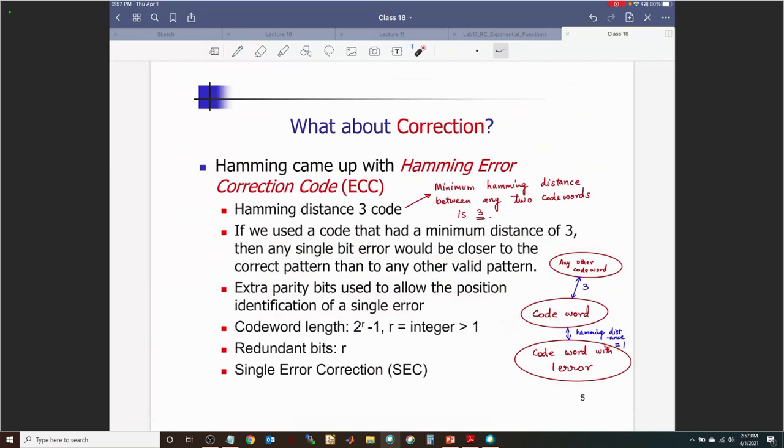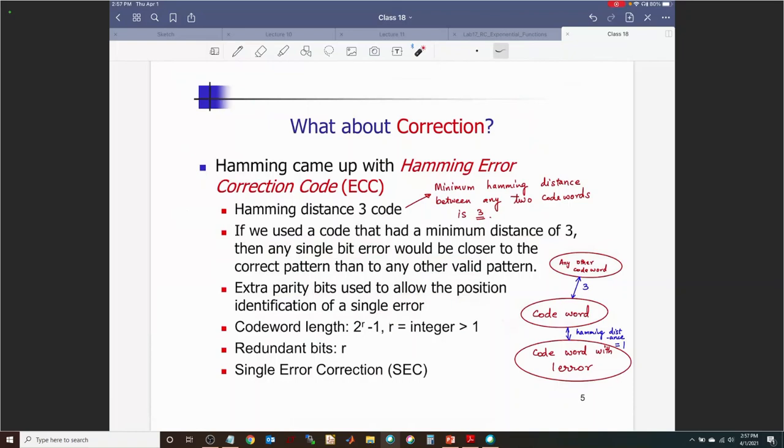This is single error correction code. Of course, you have to detect it too, but single error detection and correction code. We are going to use many parity bits to allow us to figure out where that single error has occurred.